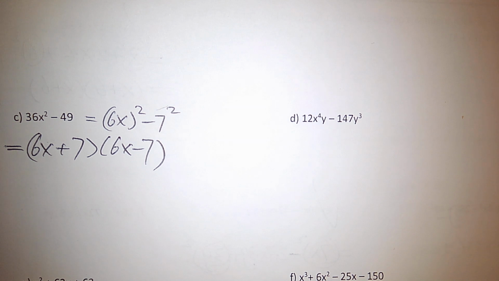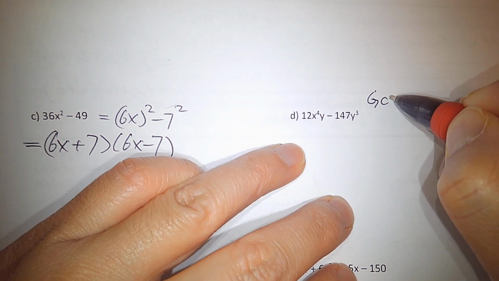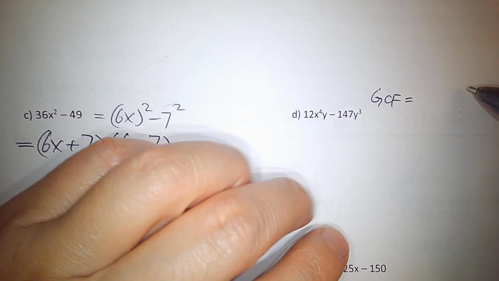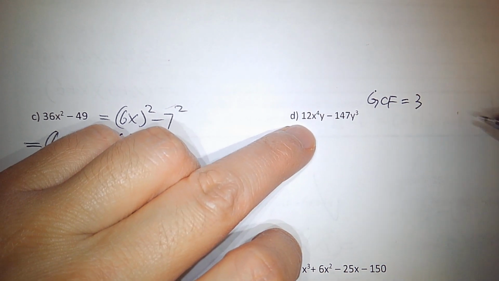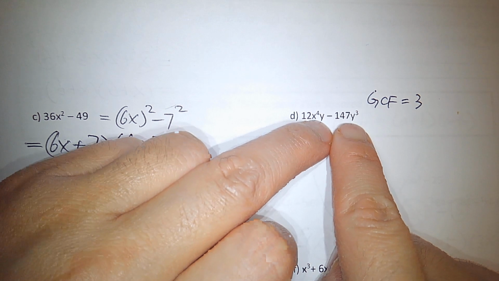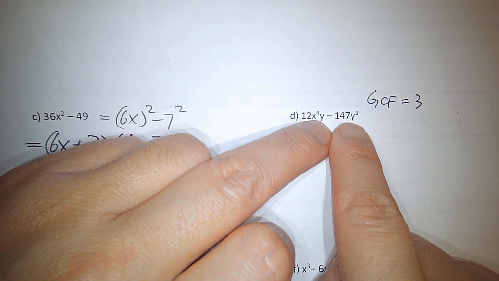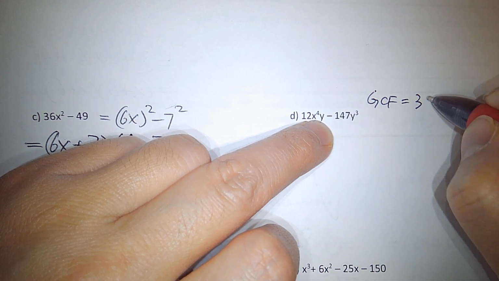What is your GCF? Do you have any GCF in this question? 3? Just 3? Both terms have a variable y, right? 3y.